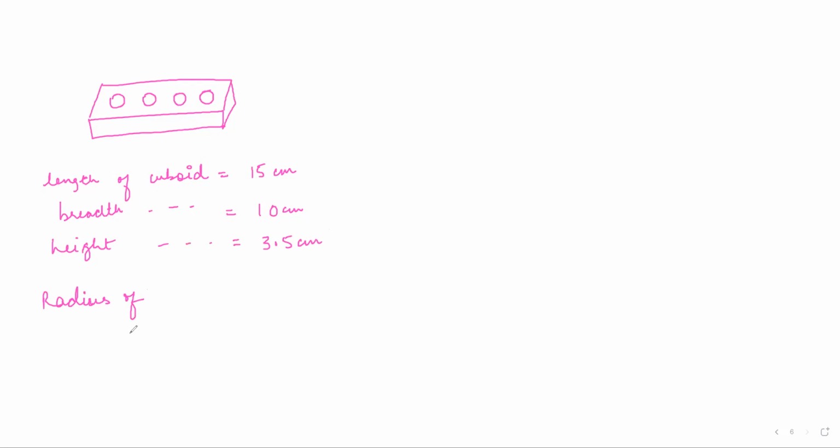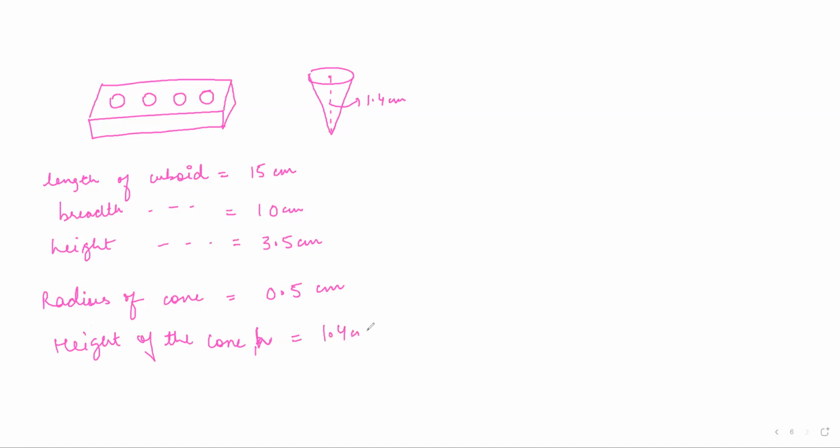Now, what is the shape of the depression? It is conical depression, understood? So radius of cone is 0.5 centimeter and the depth is 1.4. So it's a depression in the shape of cone, got it? Whose depth is 1.4. That means the height of the cone is given, clear? Okay. So height of the cone, which you are denoting by h, let's say this is equal to 1.4 centimeter, right?